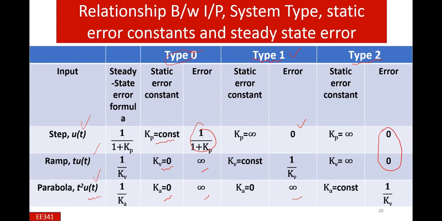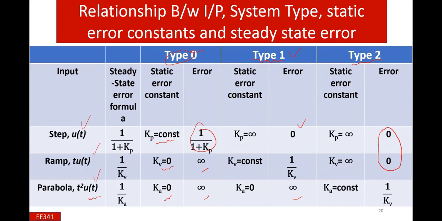This is the summary. So keep in mind, it is a very interesting situation to understand the systems in a forward way. It means stability and errors depend on the input and the type of system. If we change the input or the type of system, the error will definitely change.